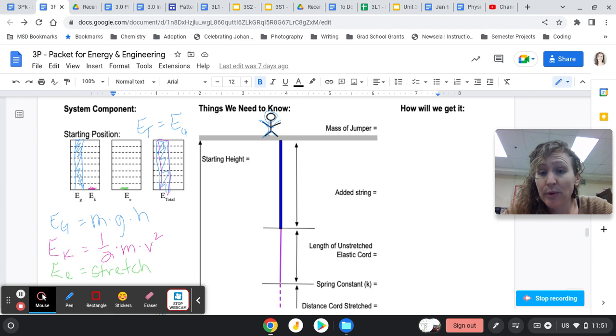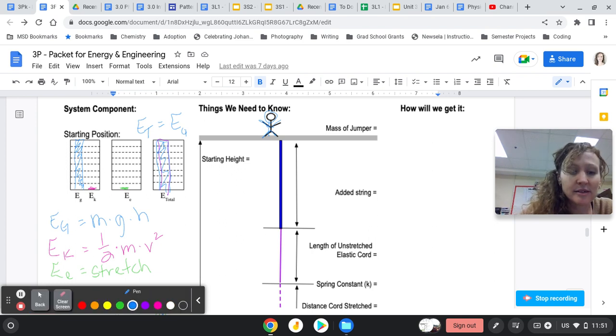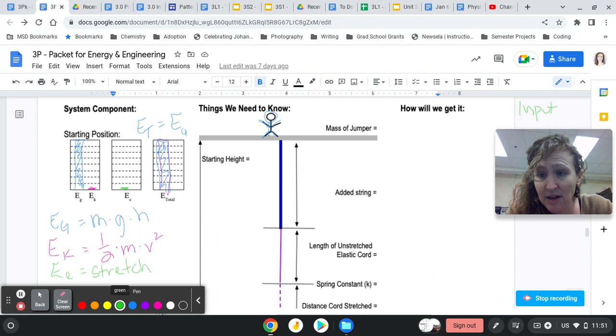Now, I want to go through this system analysis and talk about the information we have at the very beginning. Remember, this information we have at the very beginning that we can measure, these are called inputs. So anything that's an input, I'm going to write in green.